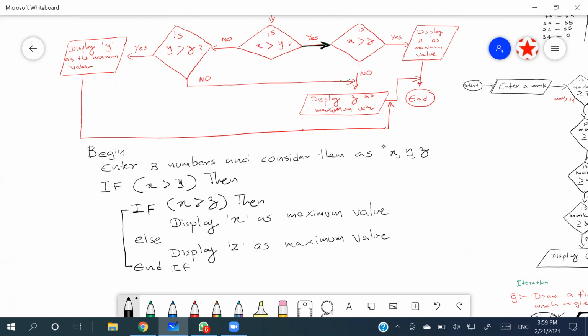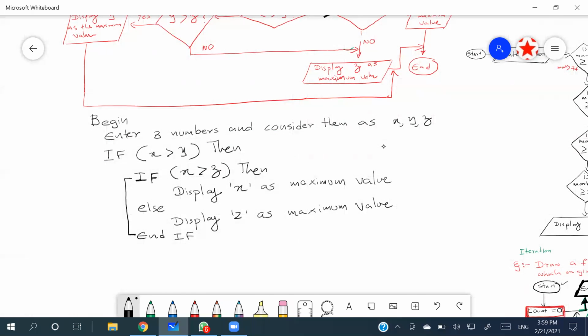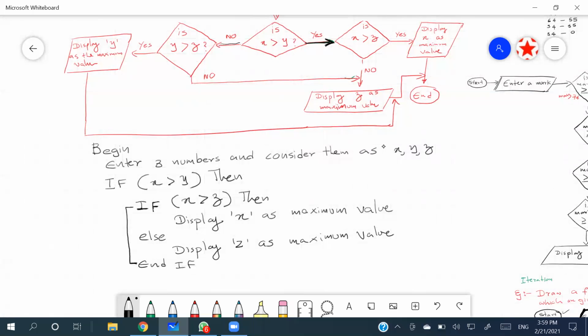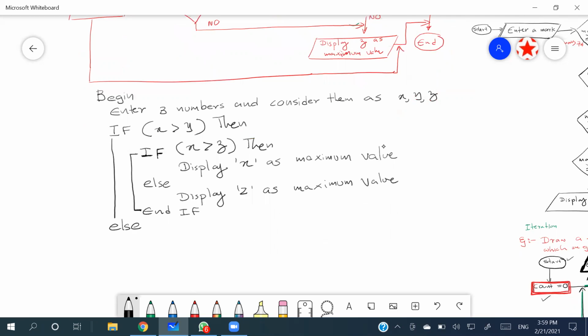And then we are going to think about the no path. When it goes on the no path, it finds another condition, so we call it the else if. So else, that belongs to this if, and inside it we are going to take another if that gives the condition y larger than z.